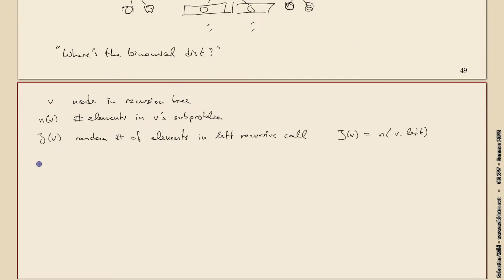And now we say V is balanced if J of V divided by n of V is in a good range, say between 1/4 and 3/4.